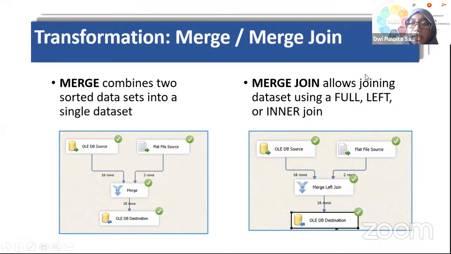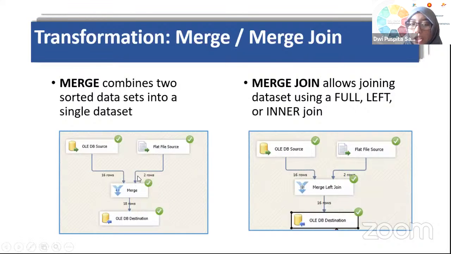Next, merge join. Merge join is basically similar to join in data manipulation language. It allows you to perform full join, left join, or even inner join. Since it is basically a join operation, it depends on your data, but when we're talking about inner join or full join, the number of rows doesn't always add up.